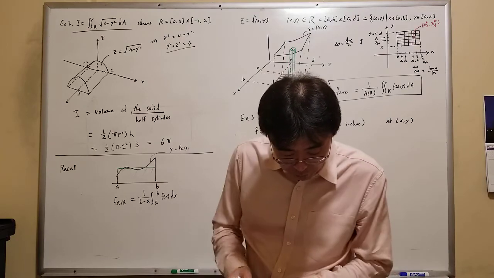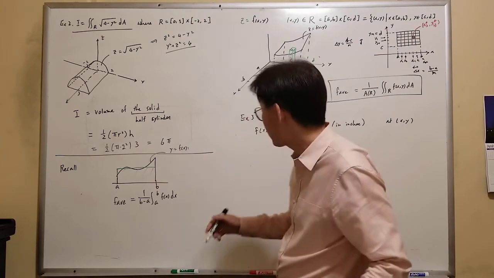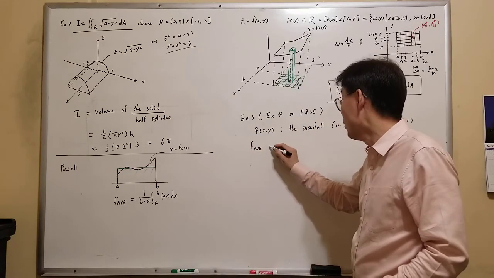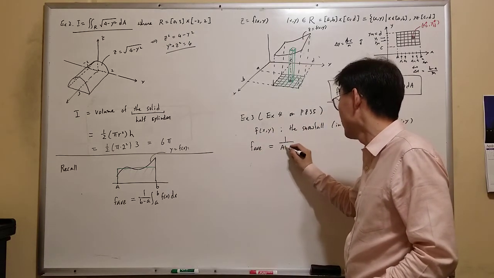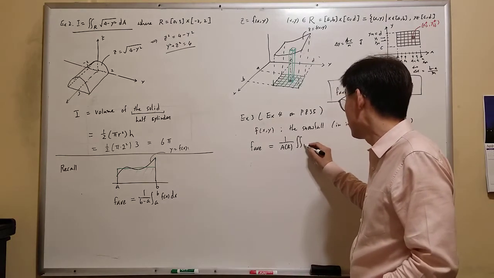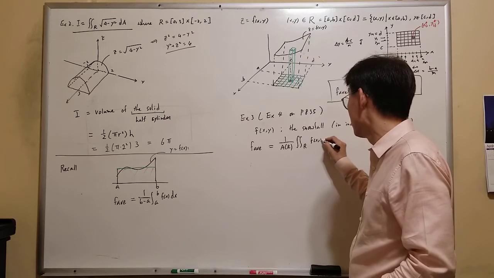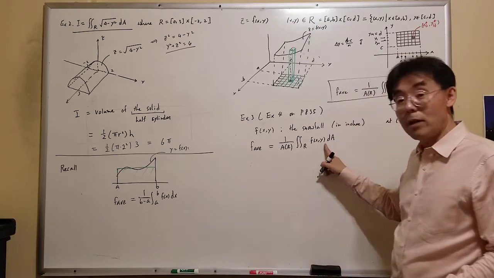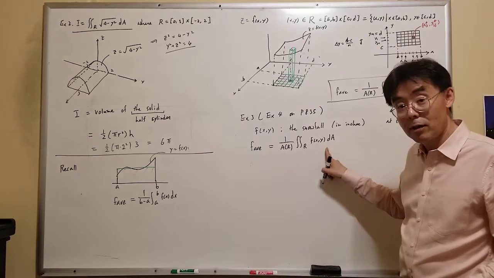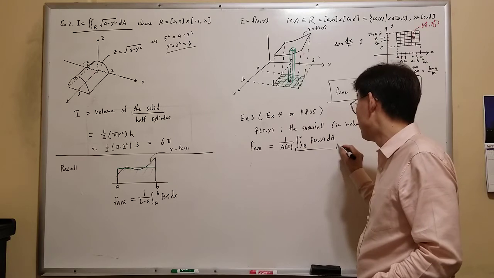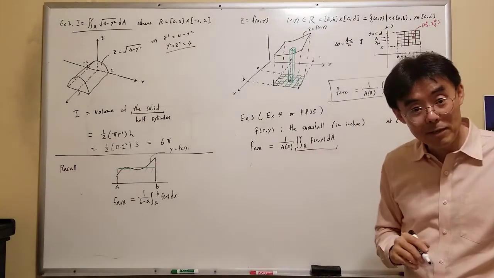So here, this value will be the average snowfall. That is, one over the area of the region, the rectangular region, times the double integral of this. But we don't have a formula, we don't know how to calculate this, but we can approximate it using a double Riemann sum.